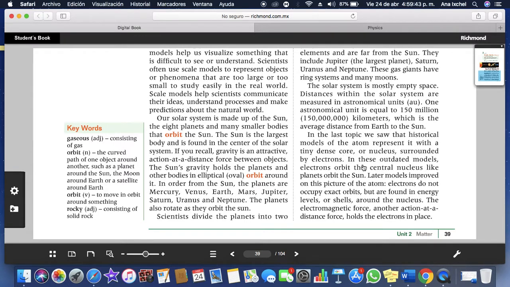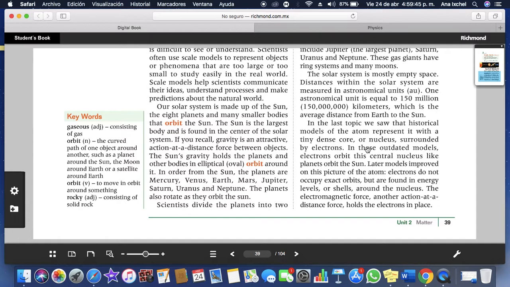In the last topic, we saw the historical models of the atom, represented with a tiny dense core, or nucleus, surrounded by electrons. So in these outdated models, electrons orbit the central nucleus like planets orbit the sun.